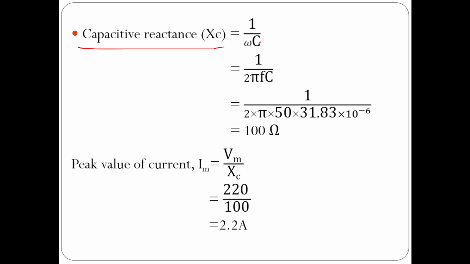Simplify, and you will get the capacitive reactance XC equal to 100 ohms. Now the peak value of current Im is Vm by XC. Vm, the magnitude of the voltage, is 220 volts divided by XC, which we just calculated as 100 ohms. You will get 2.2 amperes. The peak value of current is 2.2 amperes.